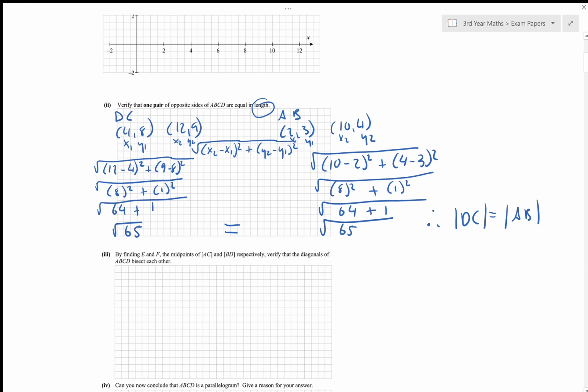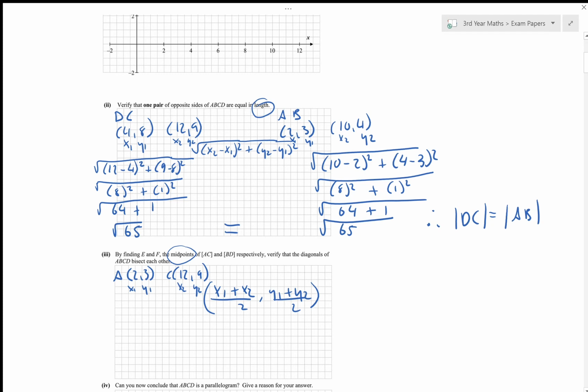We know that A is 2 and 3, C is 12 and 9. Always write down your formula. It says midpoint, so write down your midpoint formula: x1 plus x2 over 2, y1 plus y2 over 2. And sub into your formula your x1, y1, x2, y2.